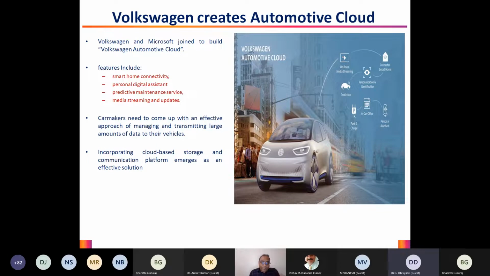One company that has come forward is an automotive company that is creating something called an automotive cloud. Recently Volkswagen has tied up with Microsoft, and together they are building this cloud called Volkswagen Automotive Cloud, where Volkswagen tries to connect every single home of the person who is driving the car through its connectivity services, and it offers something known as a personal assistant.